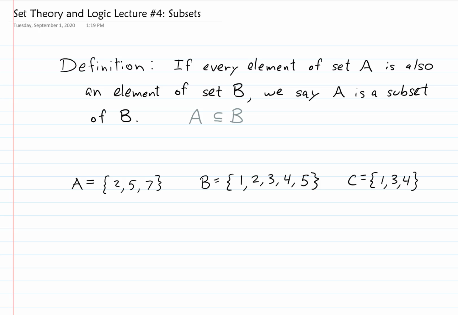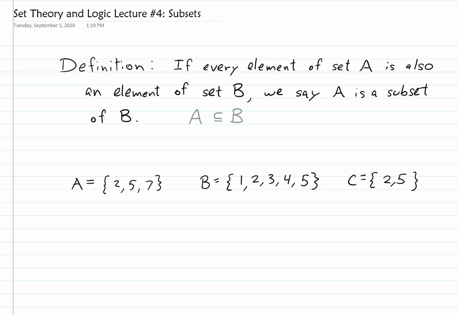Actually, you know what I'm going to do? I'm going to change set C. Let me write that one instead like this. Let's just write 2, 5. Okay, so let's figure out which sets are subsets of others.